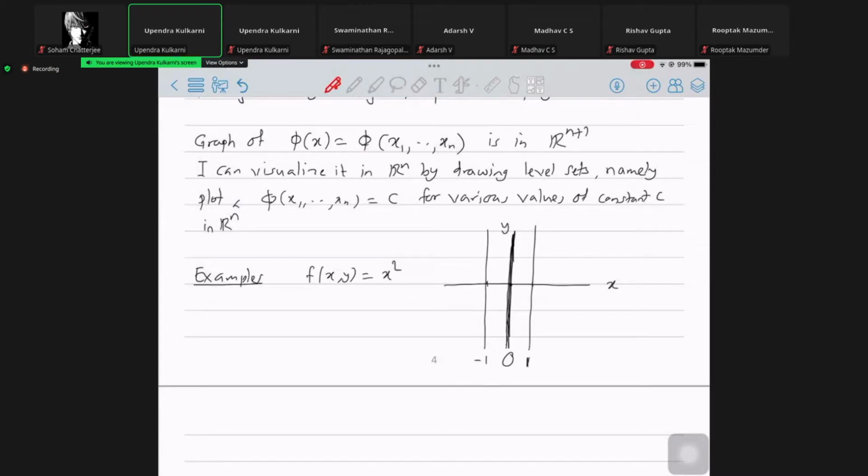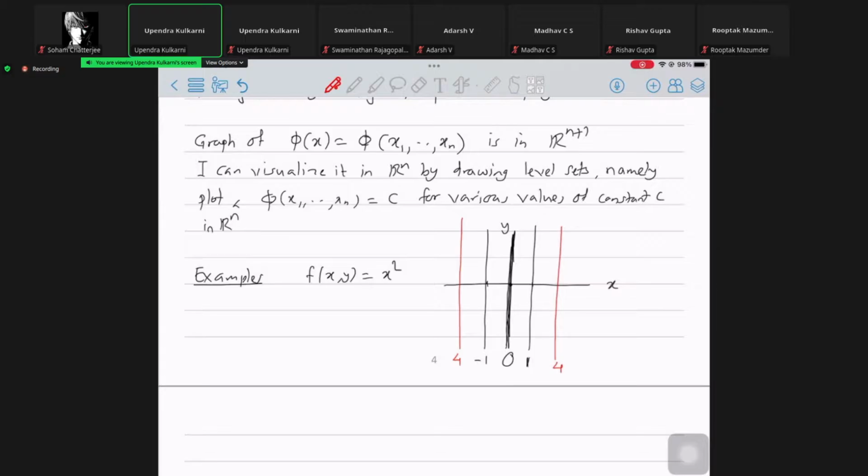So x squared is equal to 4. So I'm just going to draw x squared equals 4. The graph of that is 2 parallel lines, namely when x is equal to 2 and when x is equal to -2. So these red lines I have to label with not 2, but with 4. And as I go further and further out, I'm going to get parallel lines that get further and further apart. Okay, so it's a very simple thing.